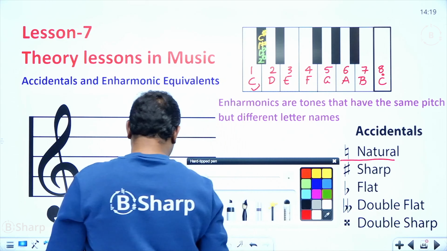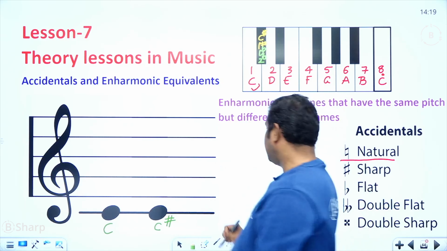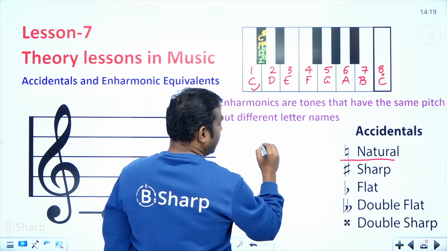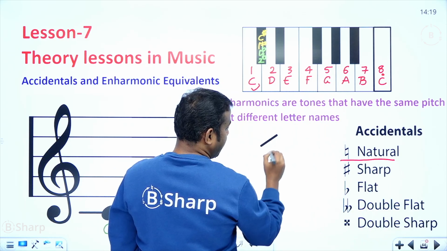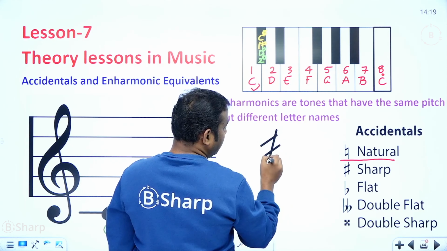For that reason, I need to draw a symbol here, a C sharp line here. Just look here, it is a bit tricky, so I'll show the differences.